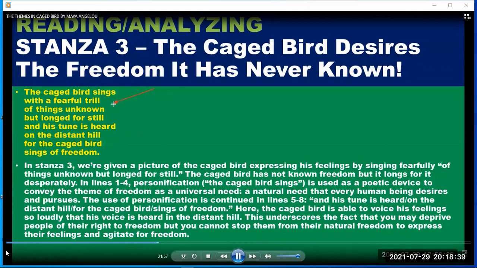Wow, that is the situation of the caged bird. The caged bird sings, all right? So we are given a picture of the caged bird expressing his feelings by singing fearfully of things unknown but longed for still. You see, the caged bird has not known freedom, but it longs for it desperately.